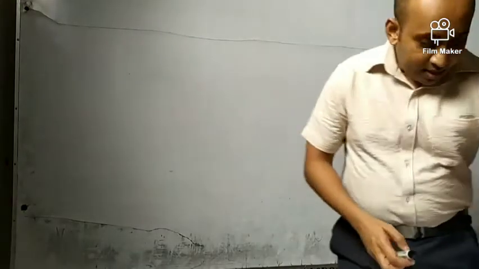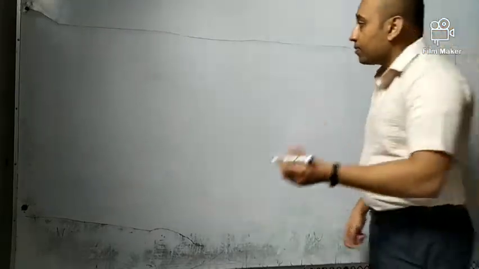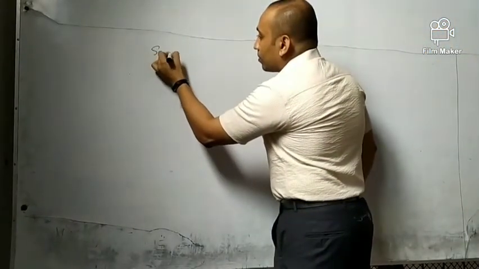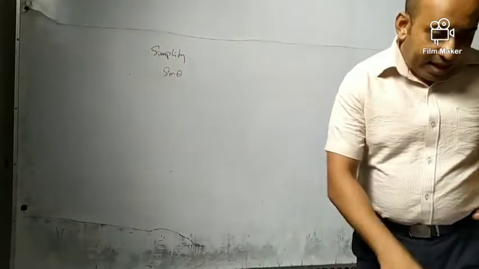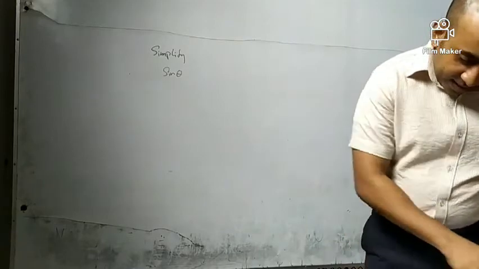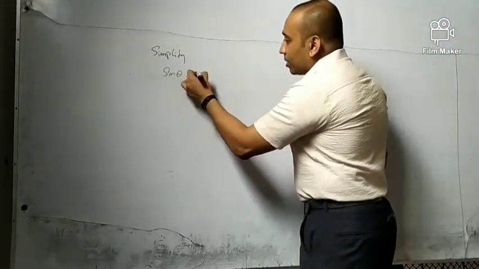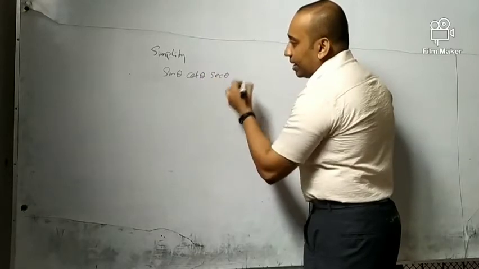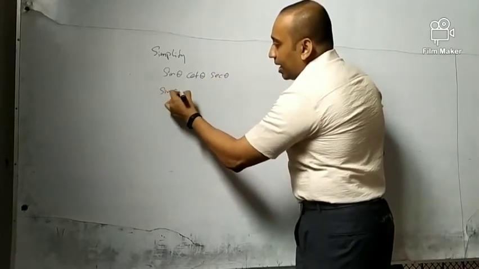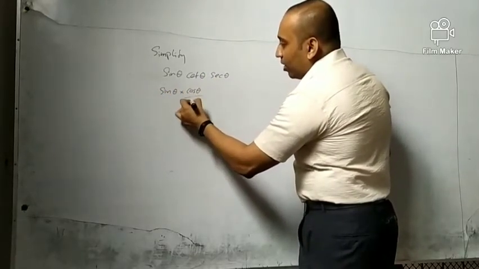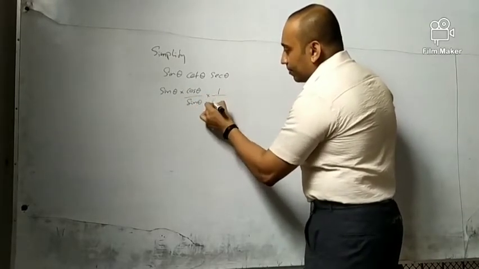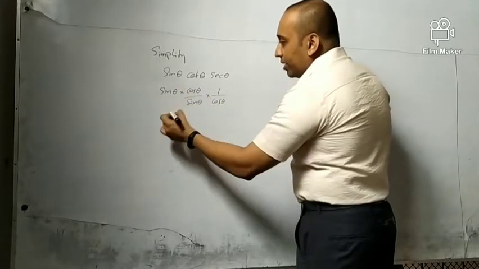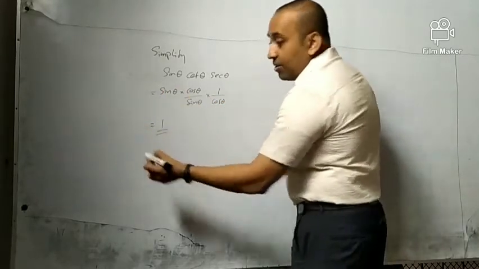Then the question is to simplify sin theta cot theta sec theta. So we can say, sin theta, cot theta you can write as cos theta over sin theta, into 1 over cos theta. Therefore you can cancel out this one and you can write the final answer as 1.